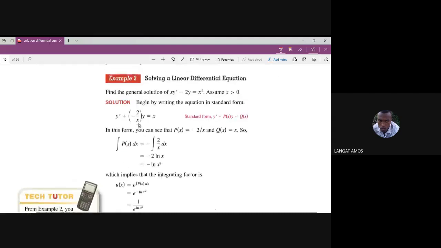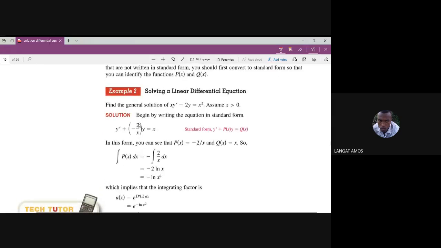Example 2, solving the linear differential equation. Find the general solution of x y prime minus 2y equals x squared. Assume that x is greater than 0. What is the standard form of this one?